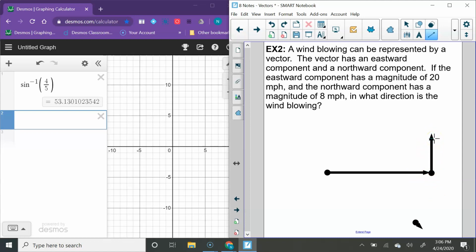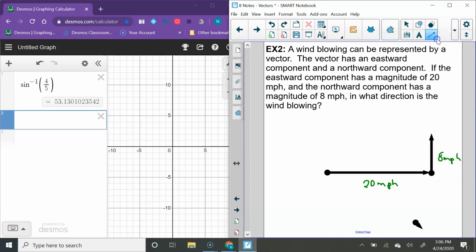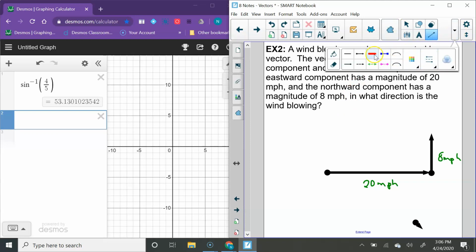So you can do it this way if you would like, or you can just use the parallelogram method. So this is 20 miles per hour, and this is 8 miles per hour. And so the resultant vector will go, oh wait, no, change my colors.